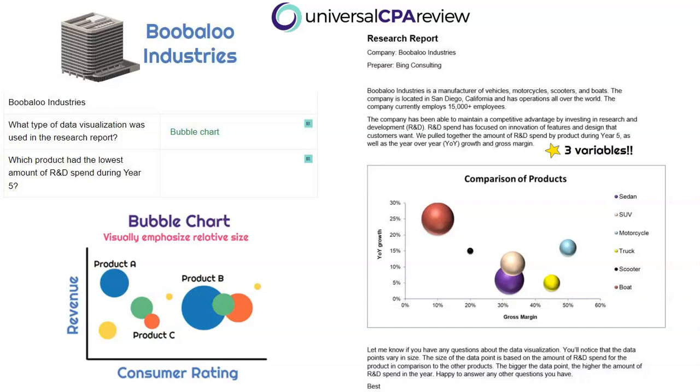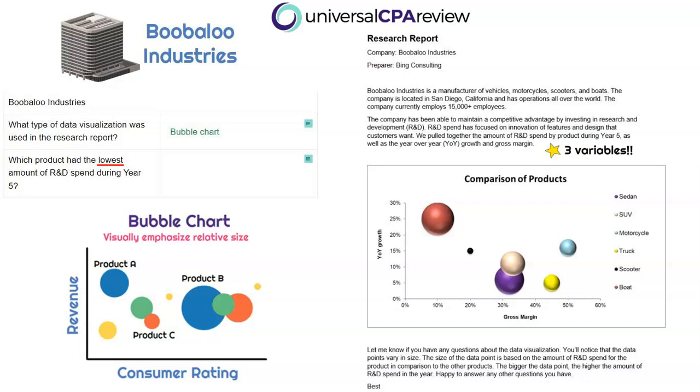Now the second question requires us to interpret the chart, which again, if you can interpret it, then you definitely understand this chart. So it says basically which product has the lowest amount of R&D spend. And I briefly mentioned that the size of the bubble, it's based on relative R&D spend to other products. The bigger it is, the higher the spend.